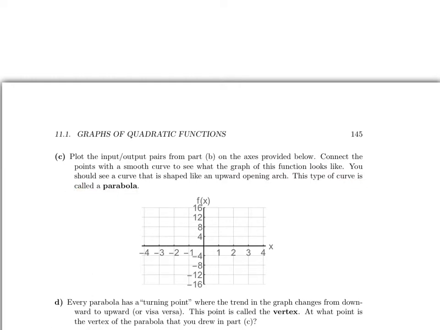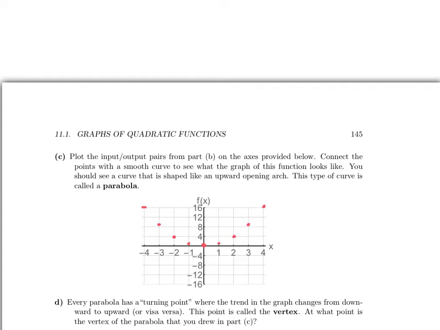So let's go ahead and plot the input-output pairs that we found on the previous page. We have 0, 0, negative 1, 1, 1, 1, negative 2, 4, 2, 4, negative 3, 9, 3, 9, negative 4, 16, and 4, 16.